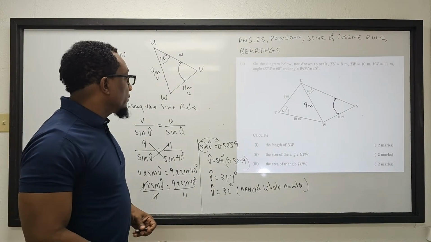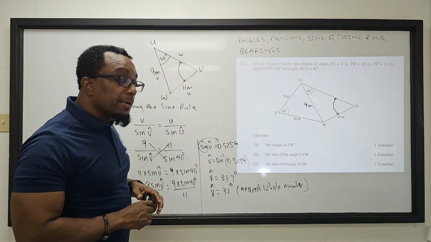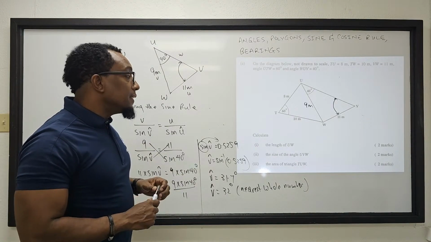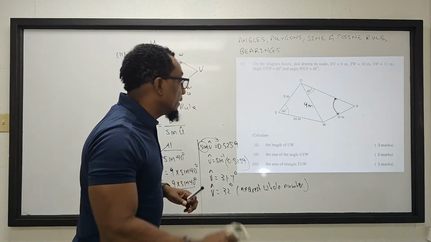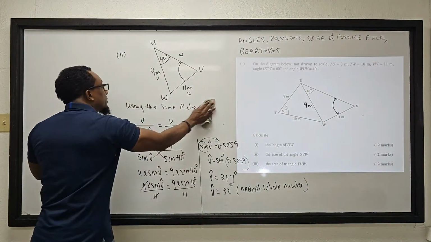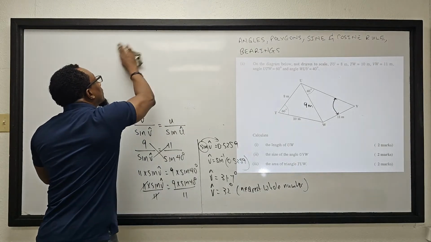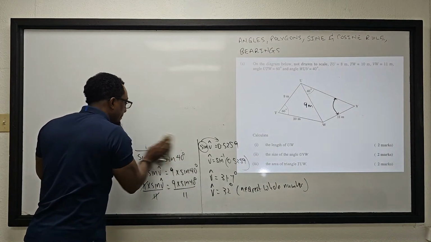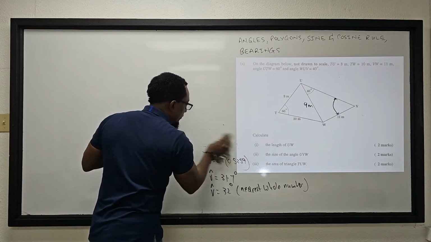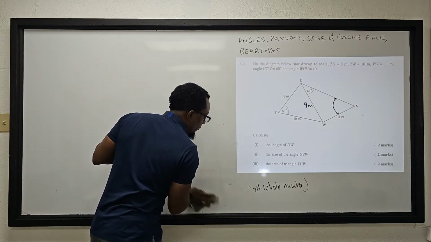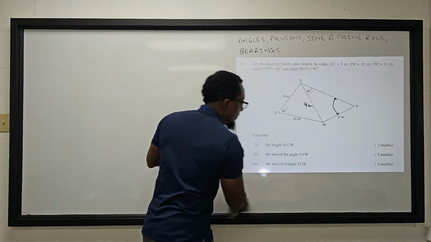Now let's look at part 3, again using the sine rule. Part 3. We want to find the area of the triangle TUW. So we erase.